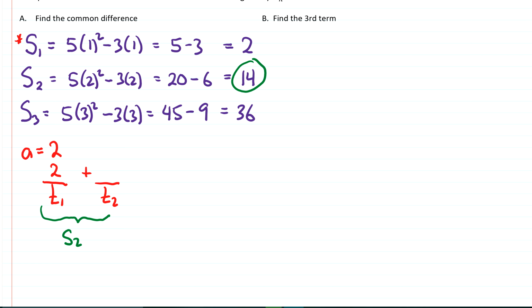So this would have to be a 12 here. Now to that we're going to add T3. And that sum, if you add those three numbers, that would be the sum of the first three terms. So if the sum is 36, and the first two terms add to 14, we could minus 14, and that would give us 22.